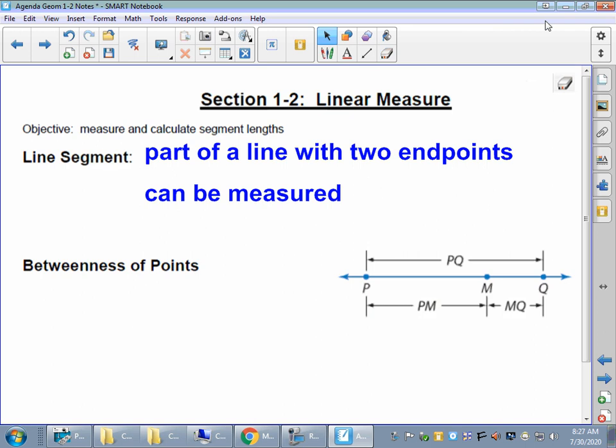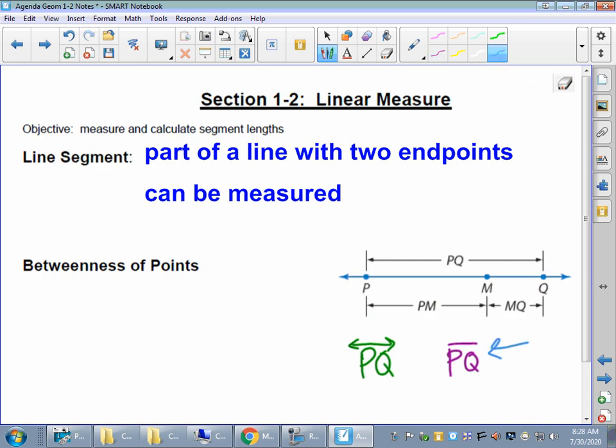So notice in this diagram, we have line PQ. So line PQ, two capital letters, the arrow over it. We cannot measure line PQ because it goes off to the left and the right forever. However, we could measure segment PQ. So segment PQ is the same symbol.